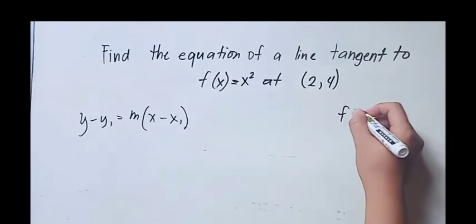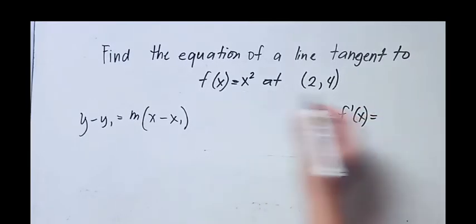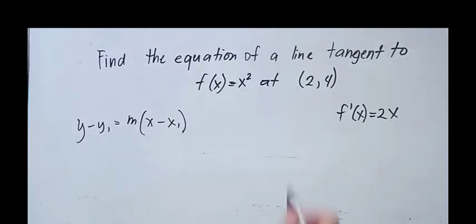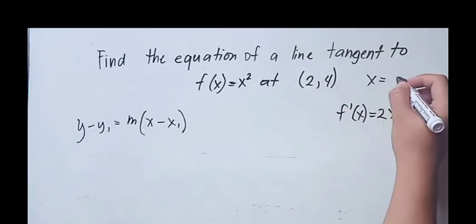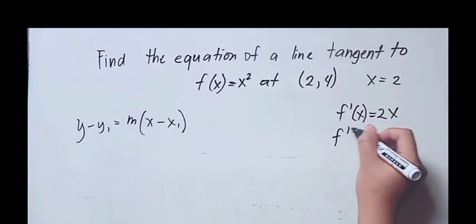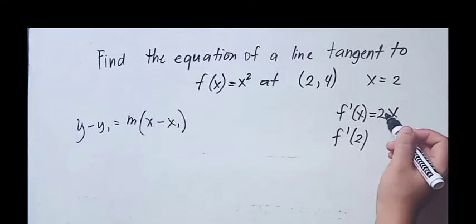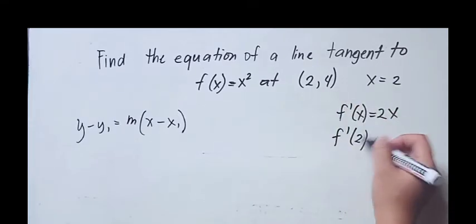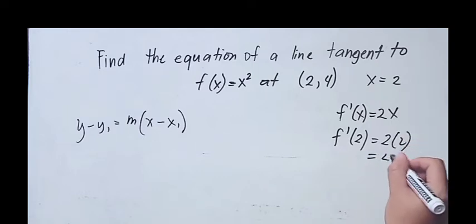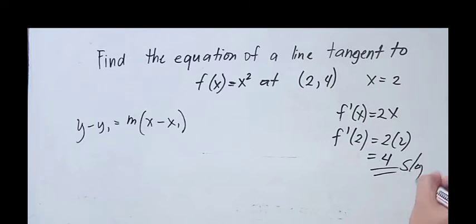So f prime of x is equal to the derivative of x squared, that is 2x. And since our x is equal to 2, if we are going to find f prime of 2, let's just substitute 2 in our x. So that is 2 times 2, which yields 4. So this is now our slope.